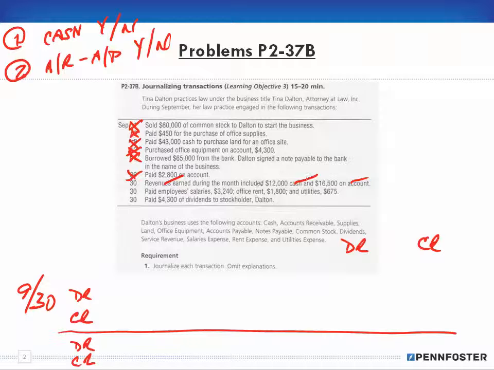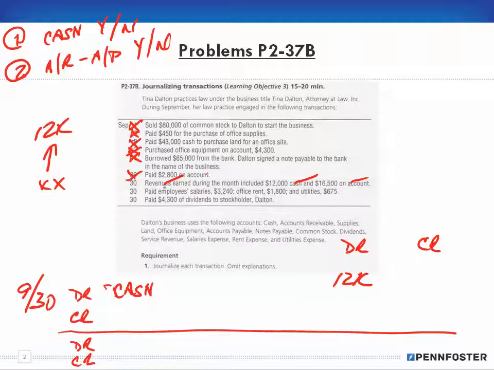In this case, yes, because I'm getting $12,000, so my cash is going to increase by 12,000. And so I'm going to end up debiting cash for $12,000. And if debits have to equal credits, what's the other side of the entry?